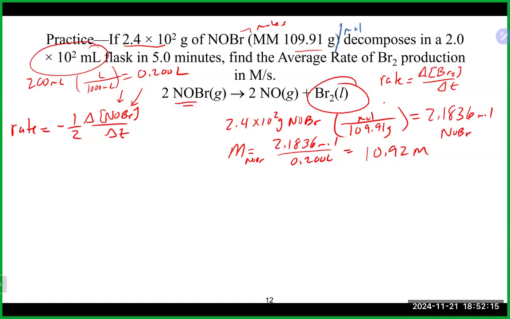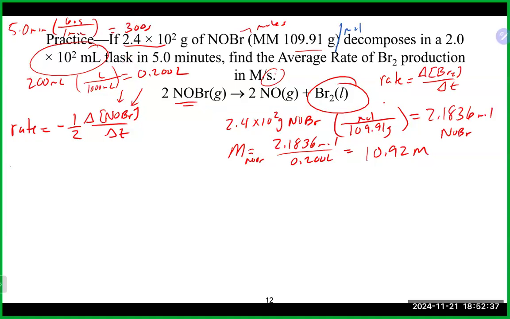Now, our time is in minutes. Ultimately, we do want it in seconds. So I'm going to do a conversion from minutes to seconds just to put everything in the right units. We got 5 minutes, and a minute is 60 seconds, so that's 300 seconds.